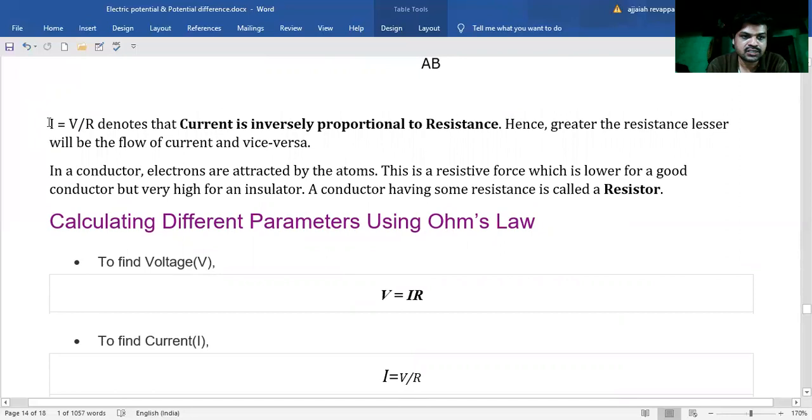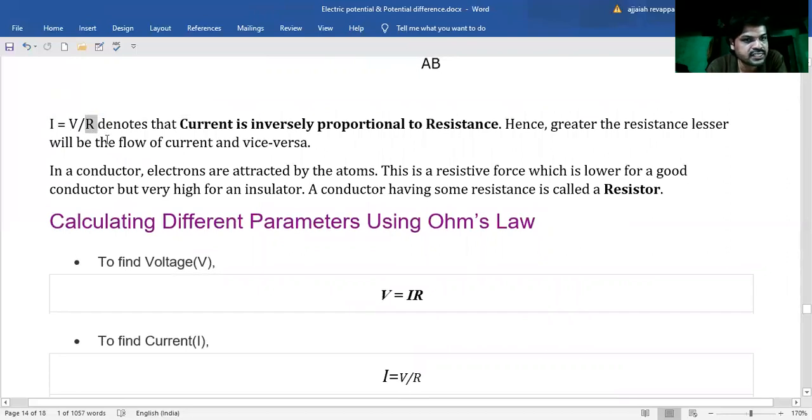Ohm's law equation: I is equal to V by R. Actually, we have written V is equal to IR. If you rearrange for current, it becomes I is equal to V by R. This denotes that current is inversely proportional to resistance, because resistance is in the denominator.